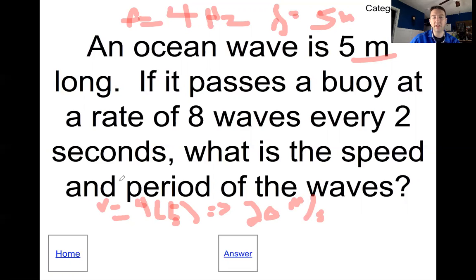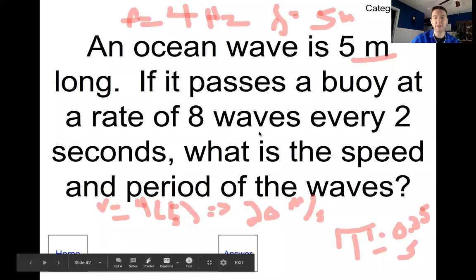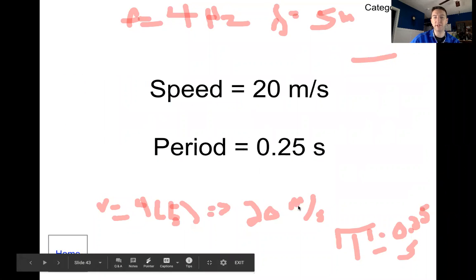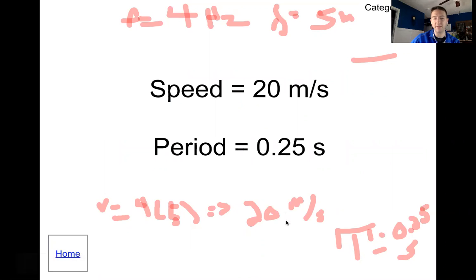And it wants to know the period. The period is going to be 1 divided by the frequency. The frequency is 4 hertz. That means the period should be equal to 0.25 seconds. Let's check it, make sure it's right. Yeah, speed is 20 meters a second, period is 0.25 seconds.